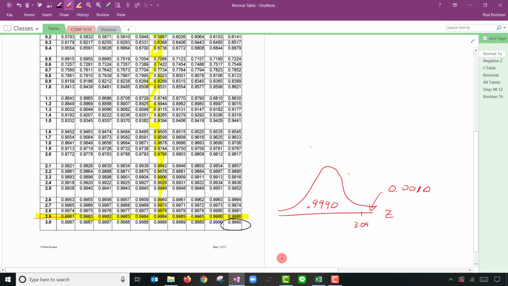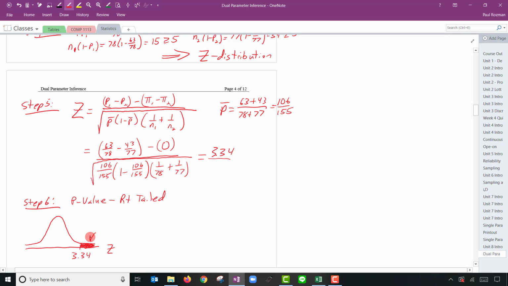So for our value, 3.34, I don't know what it is, but it's got to be smaller than this. So we can go back to our hypothesis test here. I can't get the p-value exactly from the table, but I can say it's certainly smaller than the smallest thing that's in there.